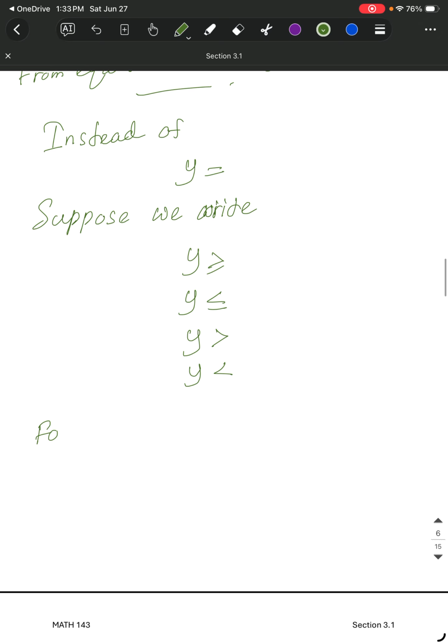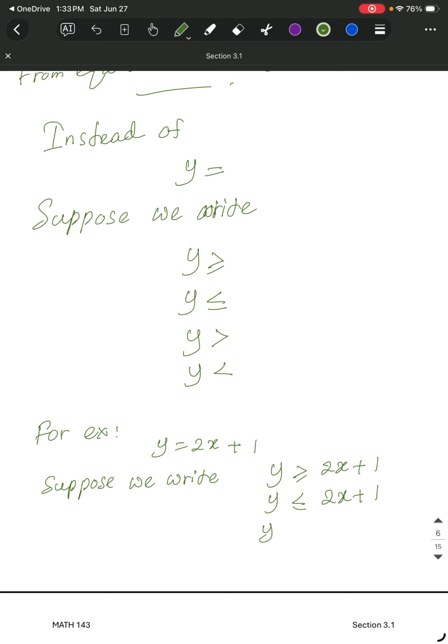For example, let's say the equation y equals 2x plus 1. Suppose we write y greater than or equal to 2x plus 1, y less than or equal to 2x plus 1, y greater than 2x plus 1, y less than 2x plus 1. So we can form 4 types of inequalities.